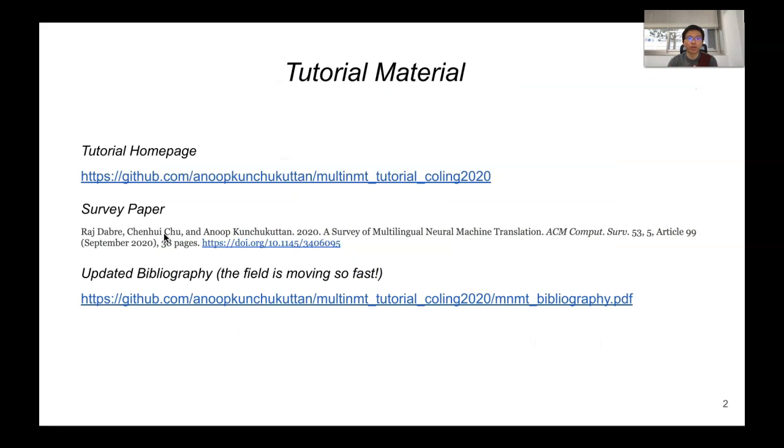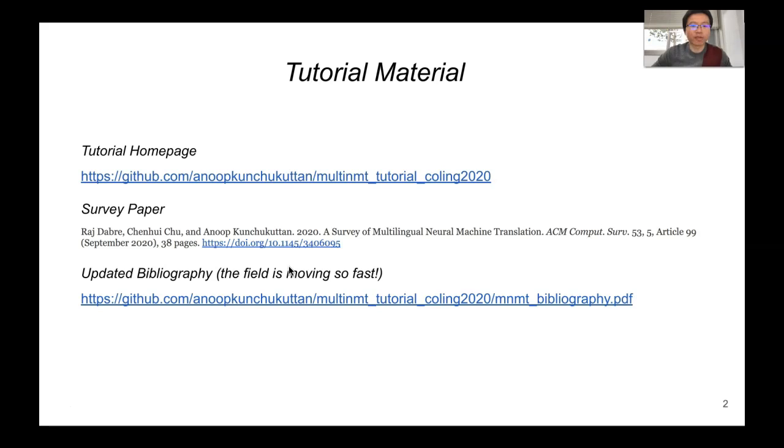And here shows our tutorial materials. So we created a homepage so that you can check what we talked about today on our tutorial homepage. And besides that, we also wrote a survey paper which has been published in the ACM Computing Surveys, which has a very detailed review of multilingual neural machine translation.